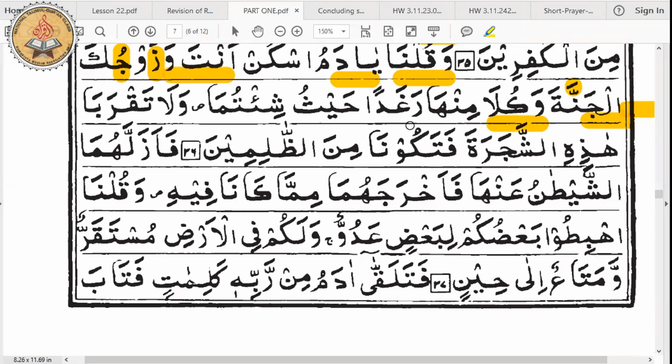Minha. Yeah, please carry on. Ragada. So how you read this sign? What is it? Tanween. Tanween. So how you articulate its sound?